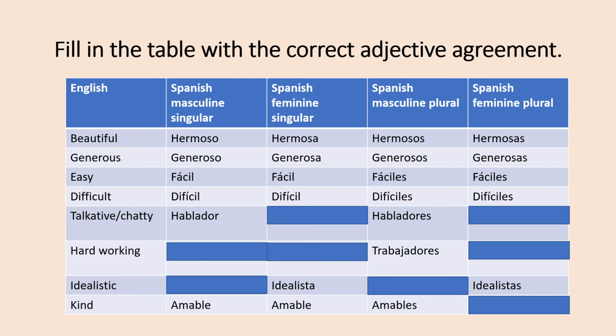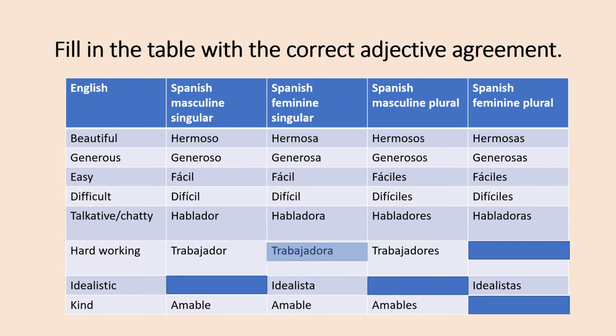Talkative or chatty, we saw this a couple of slides ago. Hablador, habladora, habladores, and habladoras. Hardworking. We've got a clue here with trabajadores. That's got the same ending as habladores, so let's take those endings. Trabajador, trabajadora, trabajadores, and trabajadoras.